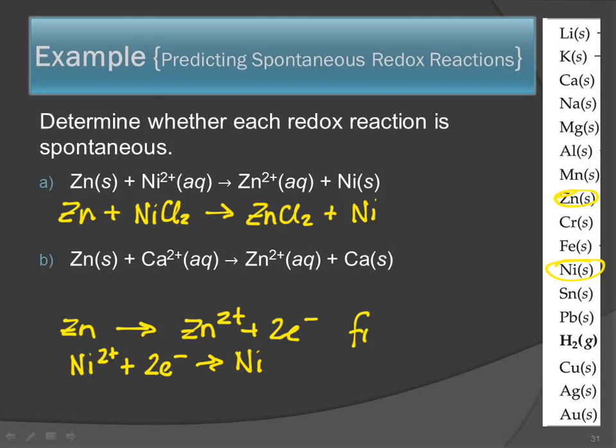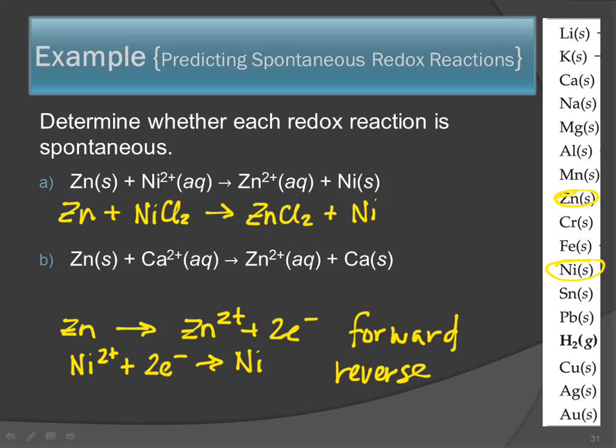This is the forward reaction that it was talking about, and this one is reversed, right? Because the forward would be the metal reacting to form the ions. Because zinc is above nickel, this reaction will occur.